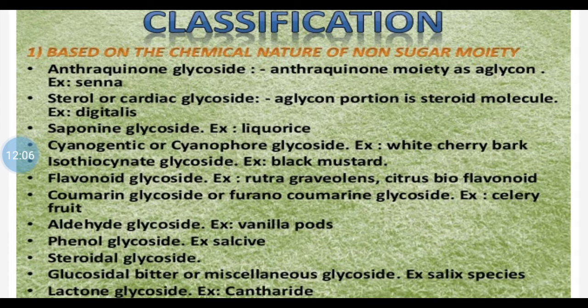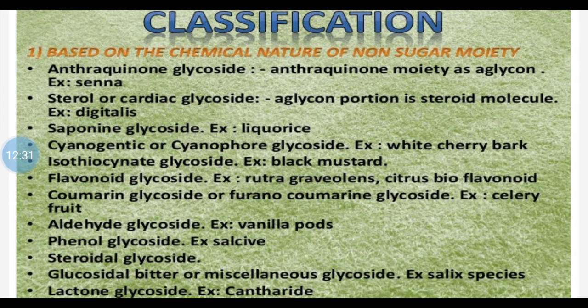Then saponin glycosides, where licorice is the drug, glycyrrhiza is another name. Cyanogenetic glycosides, another class, where wild cherry bark is there. Then isothiocyanate glycosides, where black mustard is the example.